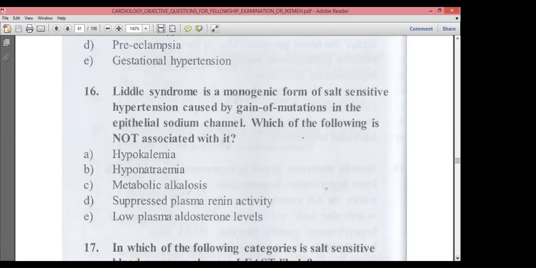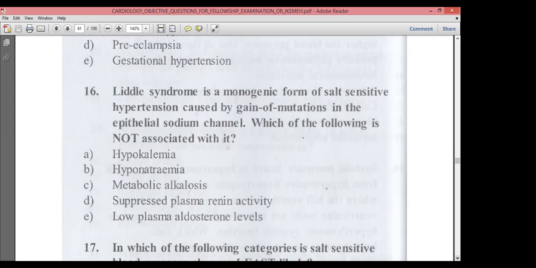They increase the function of those channels and make them resistant to clearance. So they are present in abundant amount and they absorb sodium into the system. So you end up with hypernatremia and then hypertension, fluid retention as a result of that.